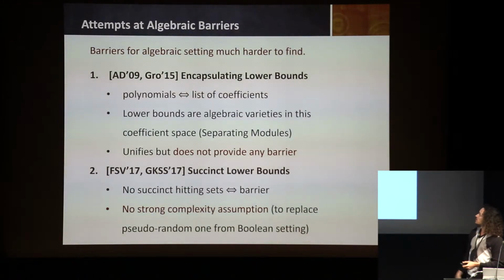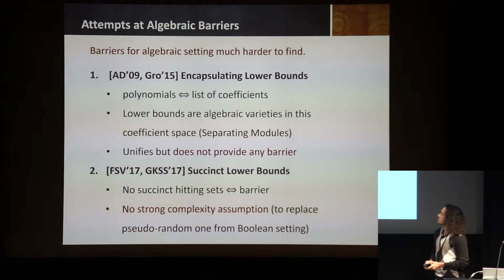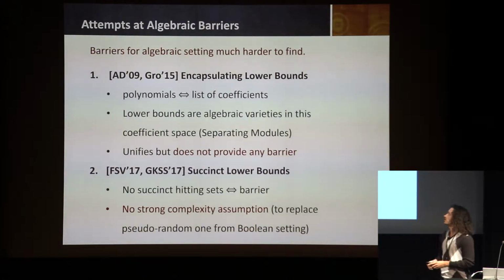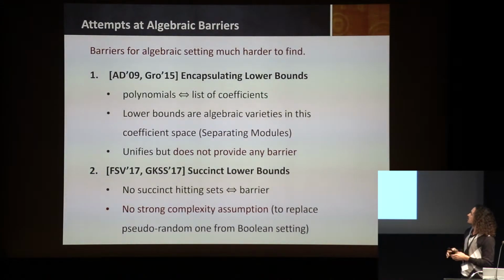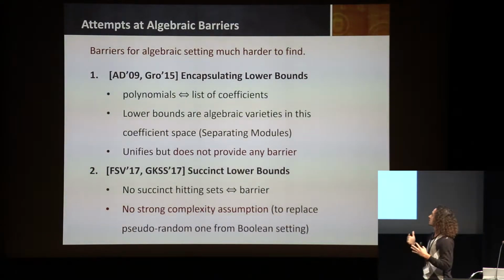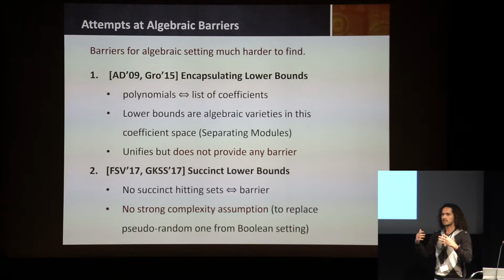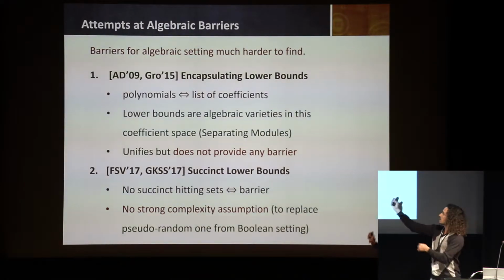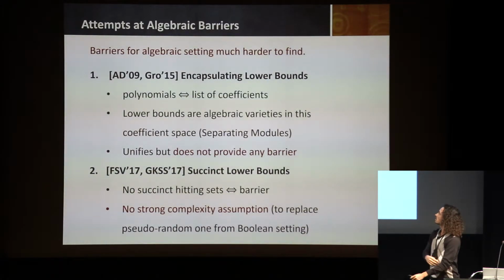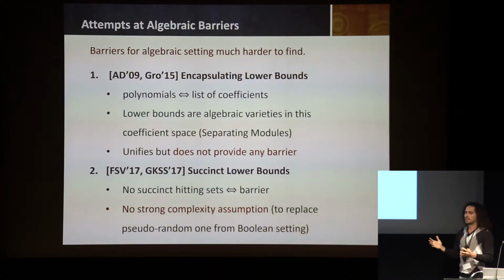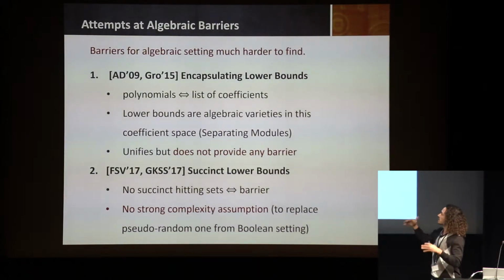Since 2009, Aaronson and Drucker, and Grochow, started looking for barriers. Their idea was to encapsulate, to unify, as Christos was saying, all the lower bound techniques in a mathematical way. They said, let's represent all the polynomials by a list of coefficients, and then any lower bound technique is some algebraic variety in this coefficient space.